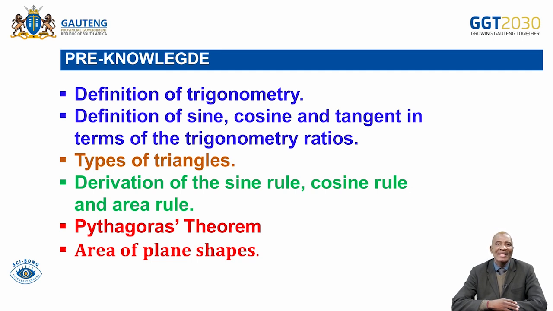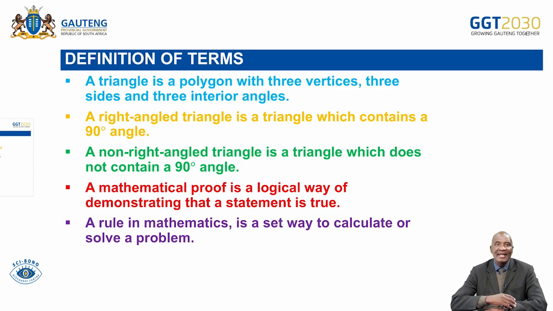For example, we can say it's an obtuse angle triangle, it's an acute angle triangle, it's a right angle triangle, or it's an isosceles triangle, it's an equilateral triangle, it's a scalene triangle. So triangles can be named in either angles or sides. Then derivation of the sine rule and the cosine rule, as well as the area rule. Then you also know Pythagoras theorem and areas of shapes in general.